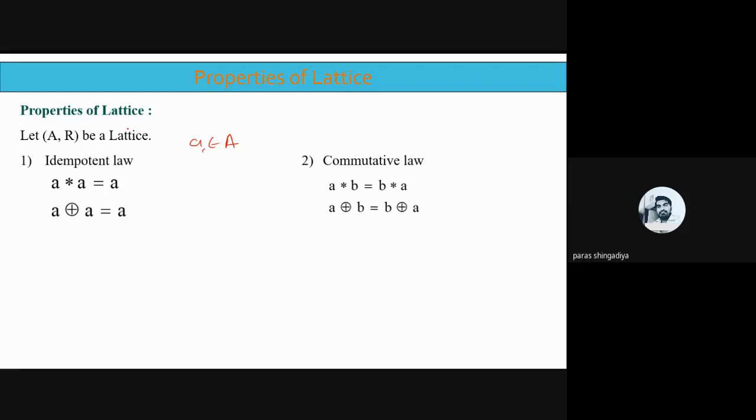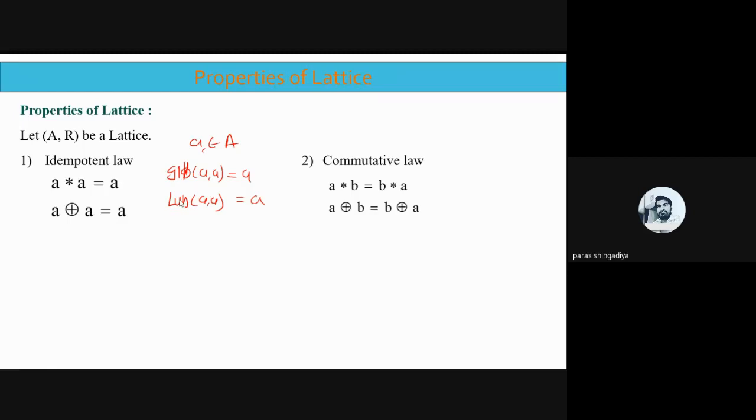So GLB of A comma A, GLB of A with A means A star A, is always equal to A, and LUB of A with A, LUB of 5 comma 5, 6 comma 6, 1 comma 1, is the number itself. So A star A is equal to A always, and A ring sum A is equal to A always. That is called the idempotent law.